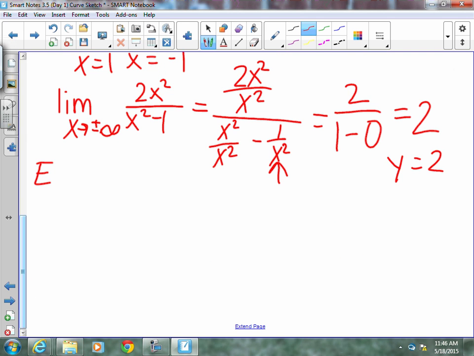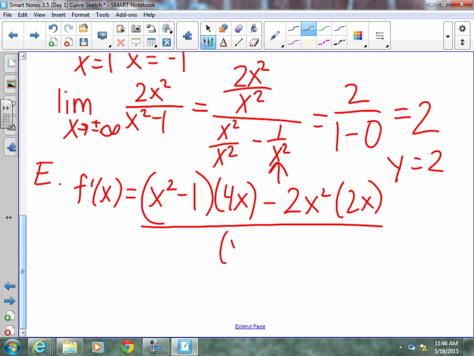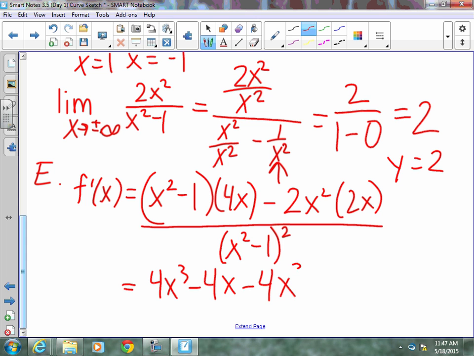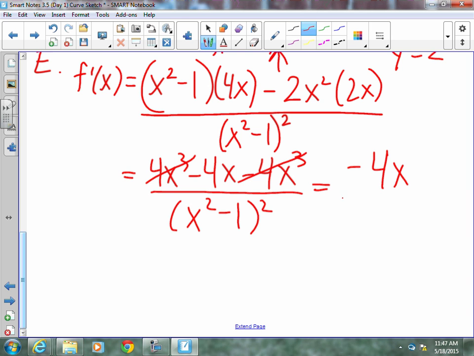Now, part E wants us to find increasing and decreasing. So we need f prime of x. We get low d high minus high d low, draw the line, square the low, which gives us 4x cubed minus 4x minus 4x cubed over x squared minus 1 squared.